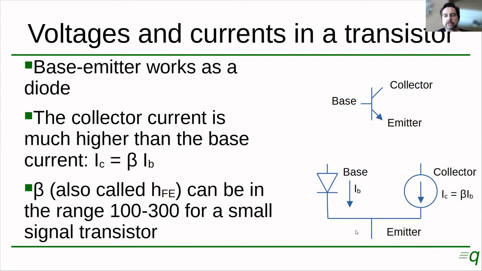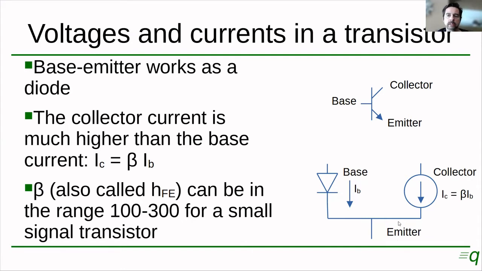If we put numbers here and consider beta or HFE of 100, maybe the base current is 1 milliamp and the collector current is 100 milliamps, right? 100 times bigger. And the emitter current is going to be the sum of the two. It's going to be 100 plus 1, 101 milliamps.